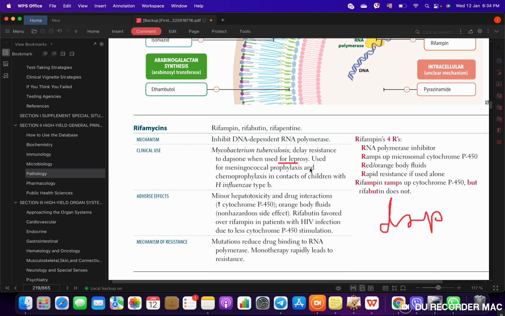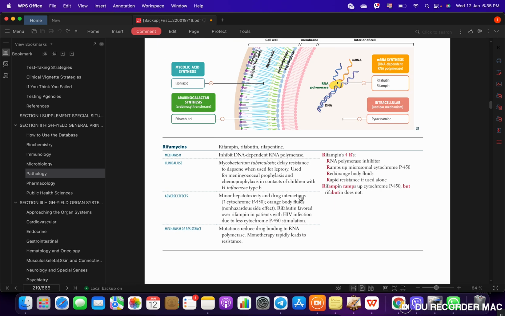It is also used for meningococcal prophylaxis and chemoprophylaxis in contacts of children with Haemophilus influenzae type B.